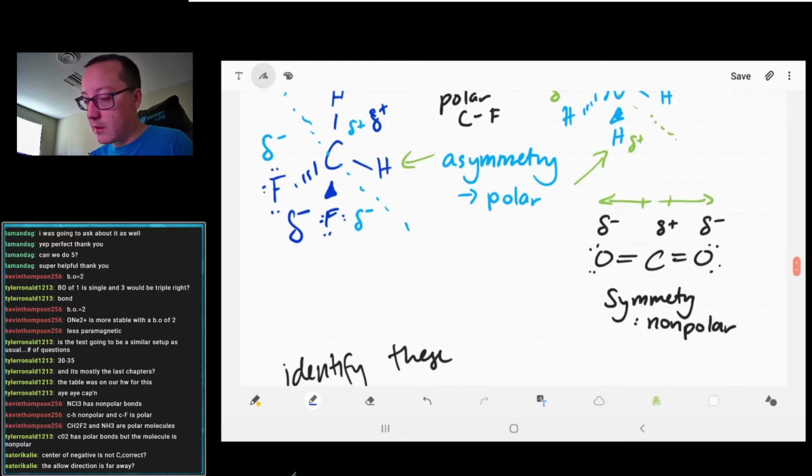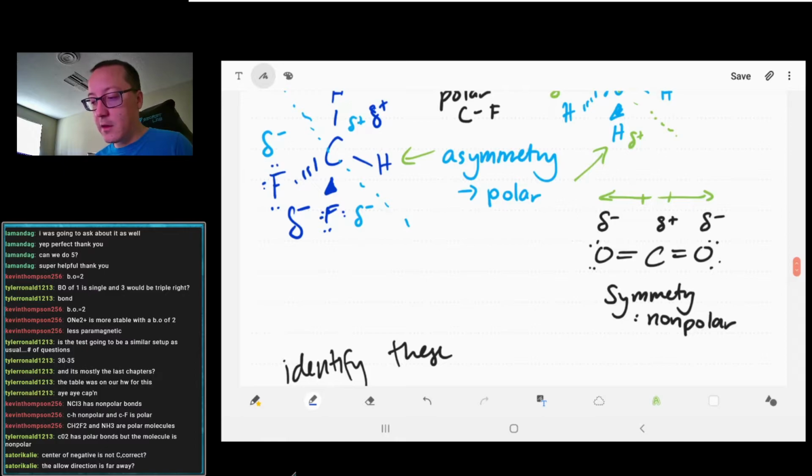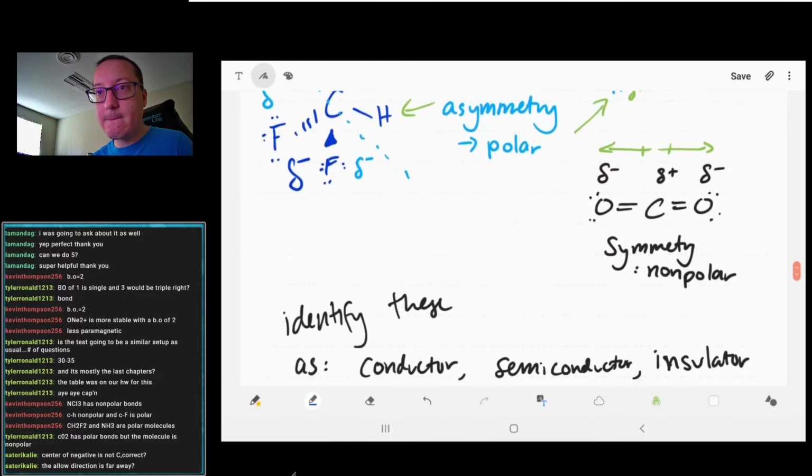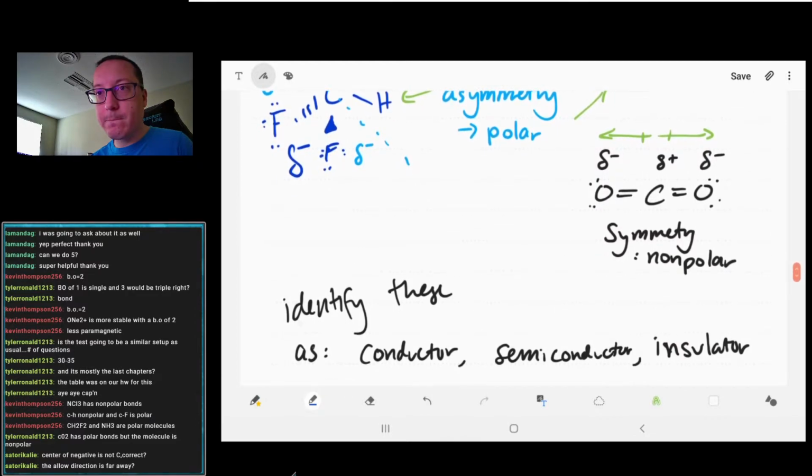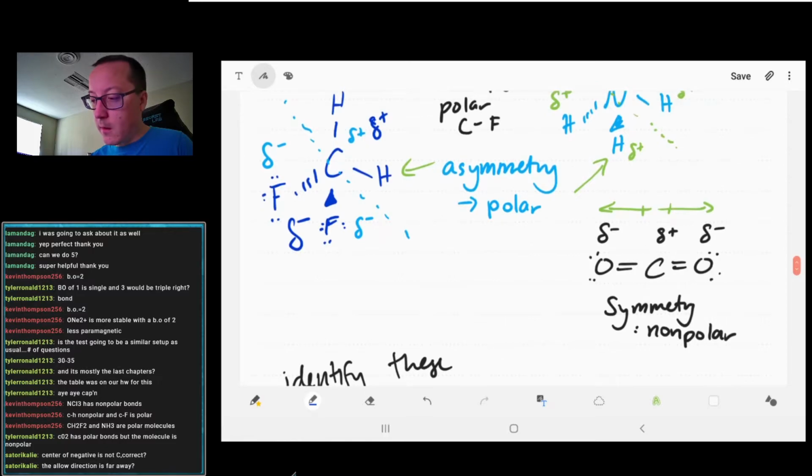Where this one, if you were to see where the negatives are, they would just cancel out with each other. So they'll cancel out, right? Doesn't matter how big the arrow is or how far it is.